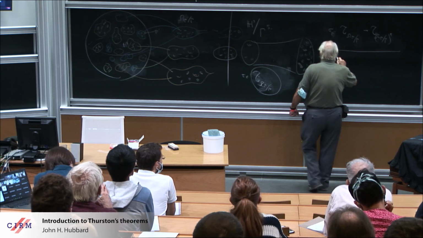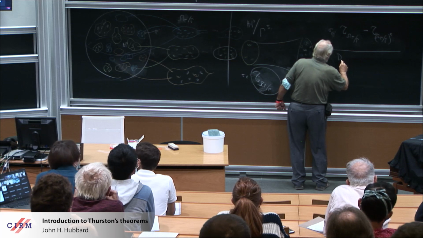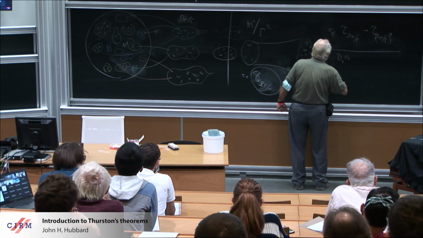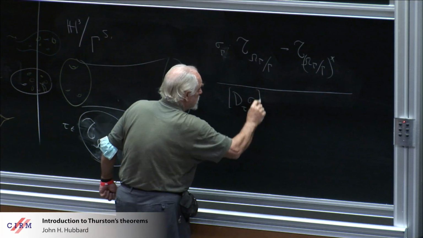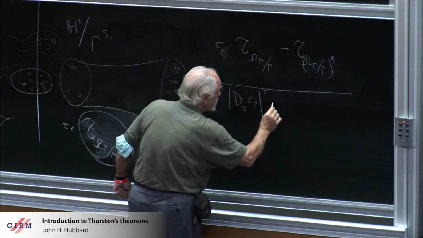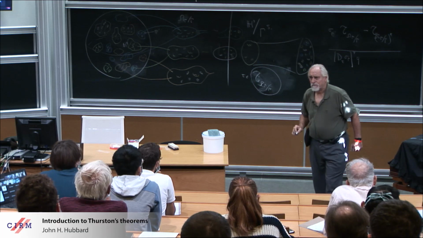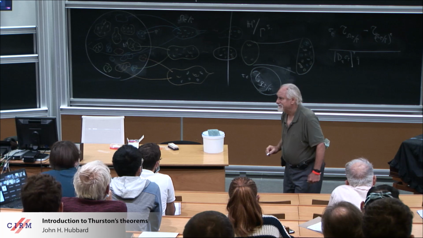The derivative at tau of the sigma sub gamma transpose associated to a quadratic differential. What does it do?